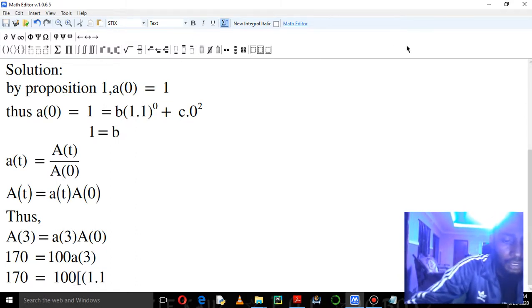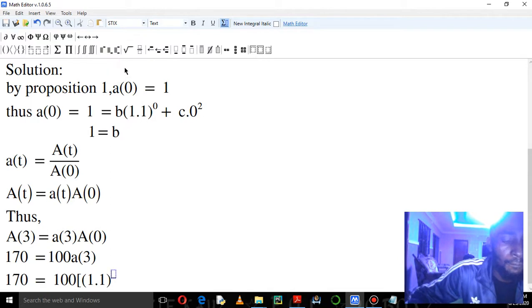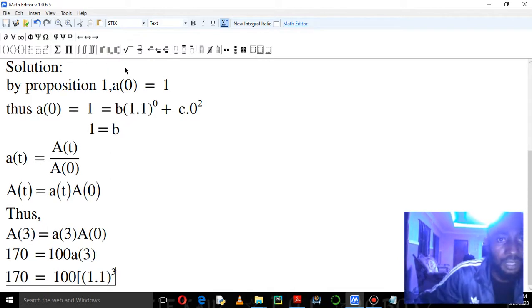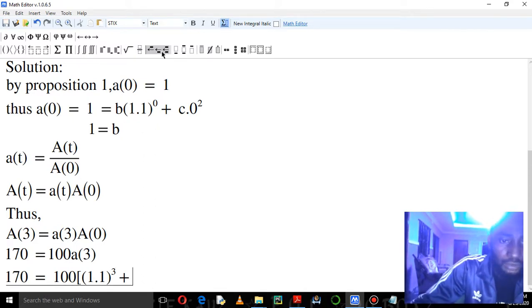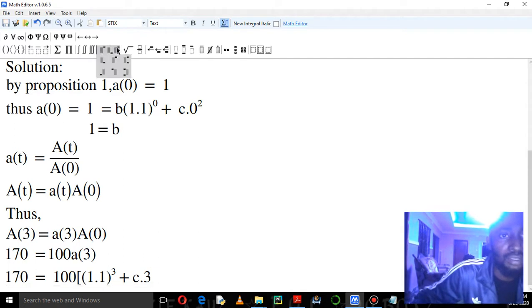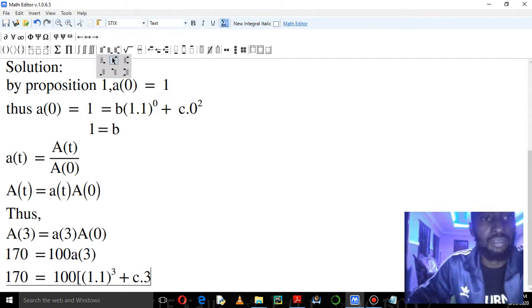So this is 1.1 raised to power 3 plus c multiplied by, what's our t? 3 raised to power 2.